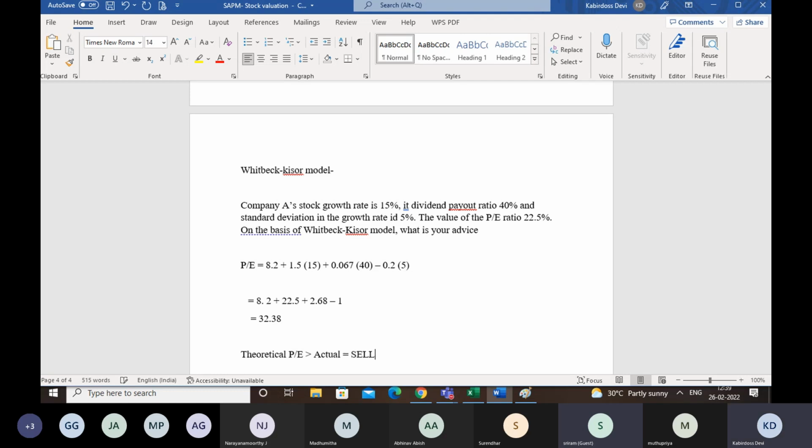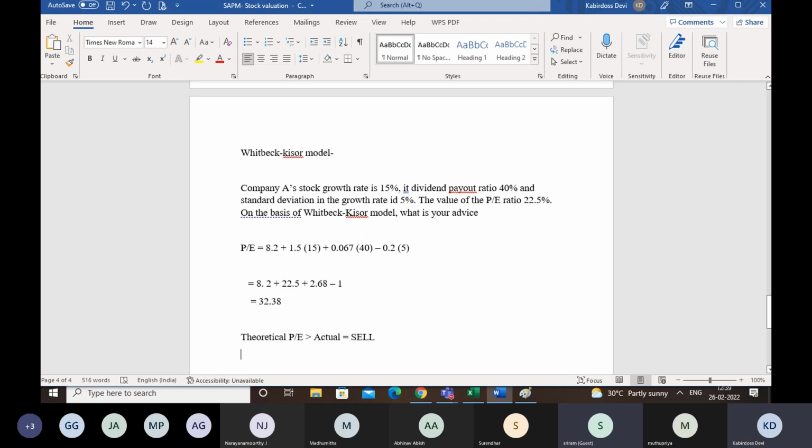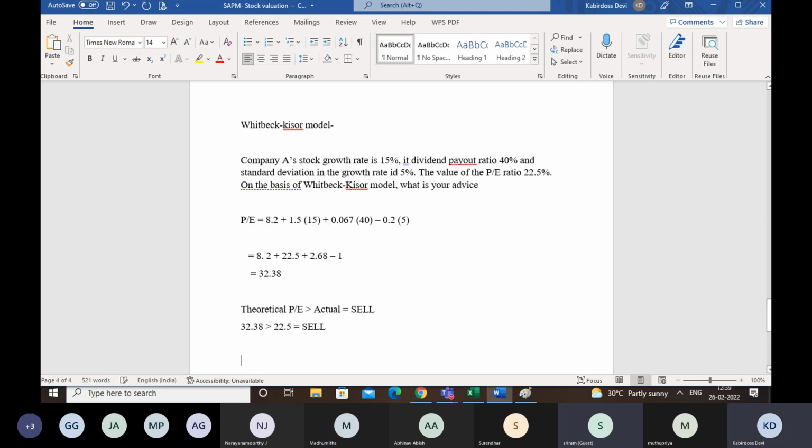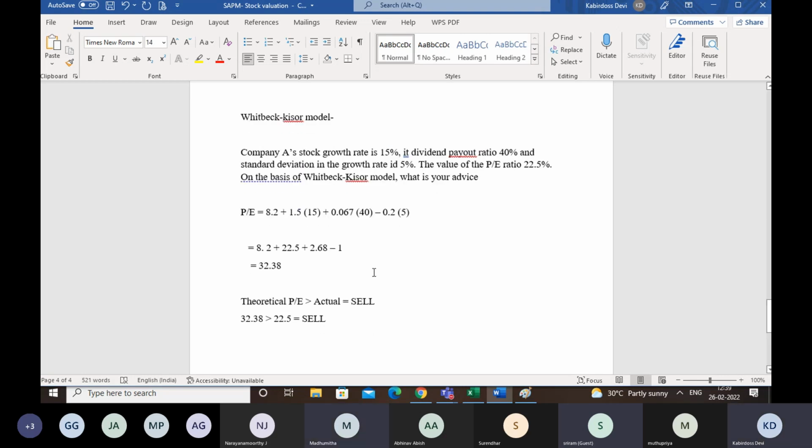You have to sell, right? Now theoretical PE is 32.38, which is greater than the actual 22.5. So the stock should be sold short. Understand? This is called the Whitbeck-Kisor model.